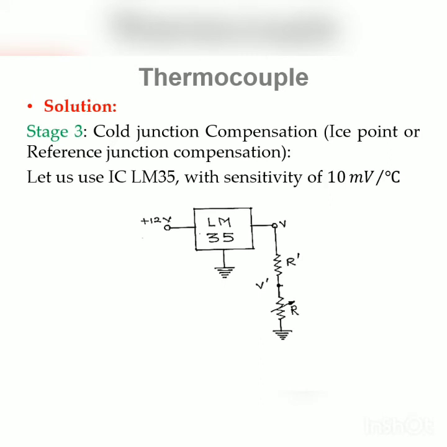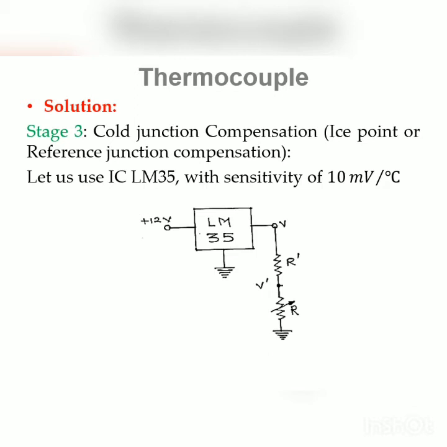If you see the diagram, a 3-terminal IC, that is LM35, is operated, for example, on 12 volt. The actual output of LM35 will be V, with the sensitivity of 10 millivolt per degree Celsius. But what is needed is 1 millivolt per degree Celsius.